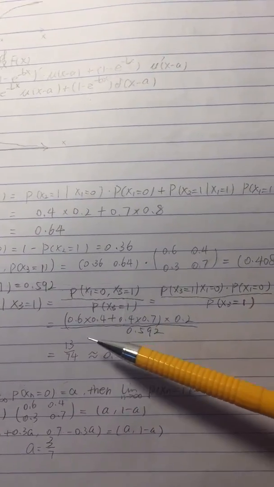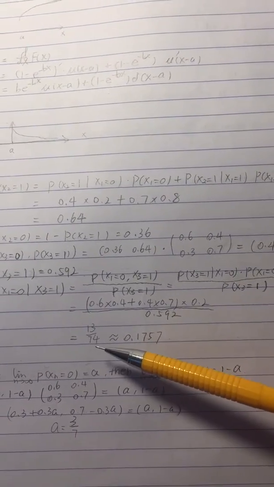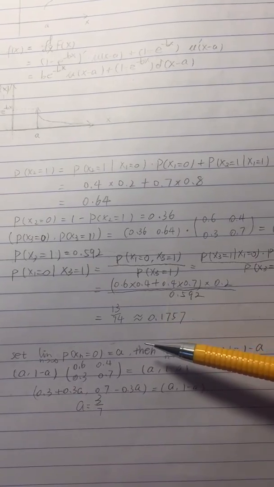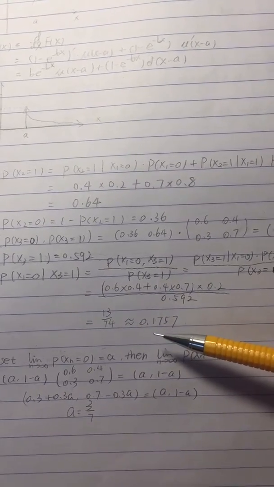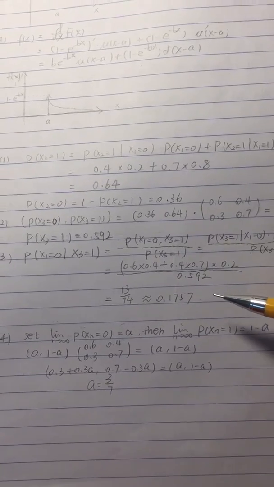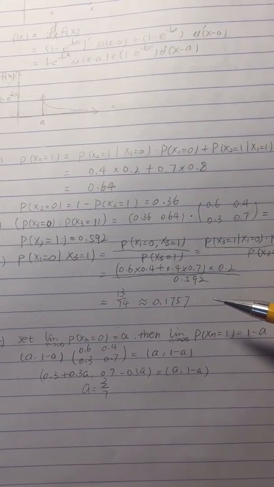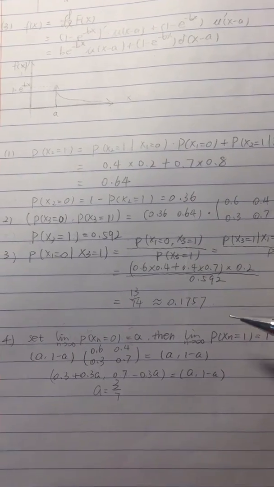So the final result is 13 over 74, which is 0.1757.